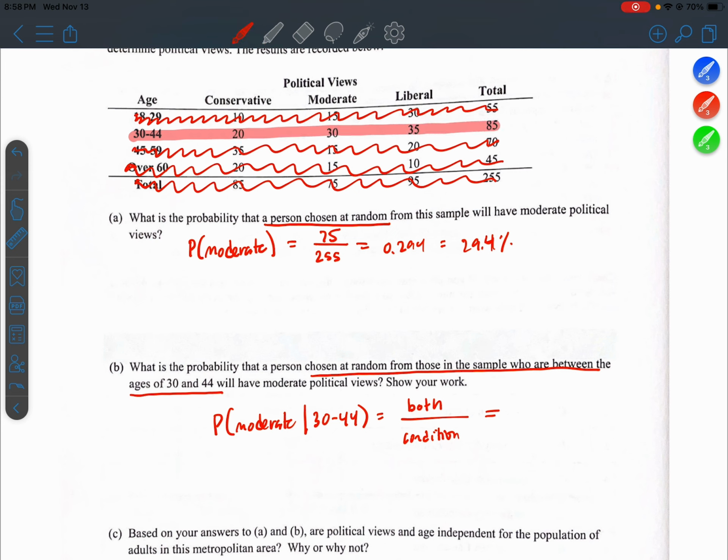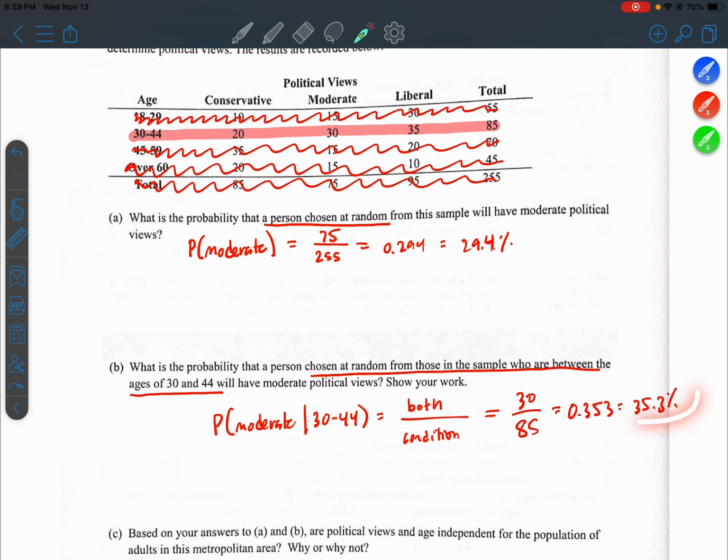So there are 85 people that meet that condition, and 30 of them have moderate views. So 30 over 85 is 0.353, which is the same as 35.3%.